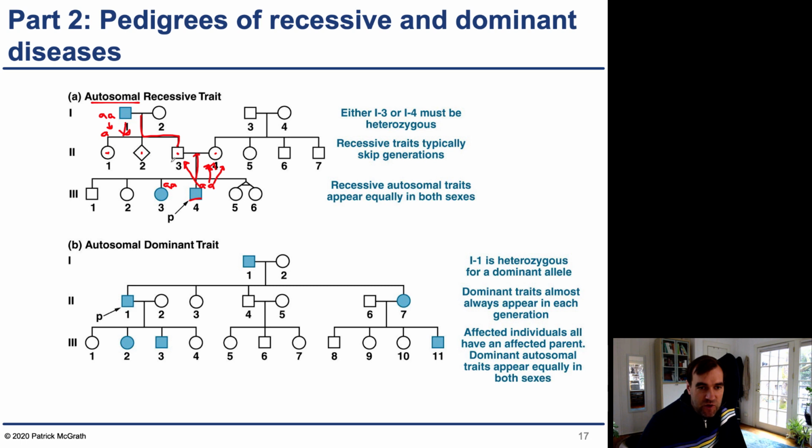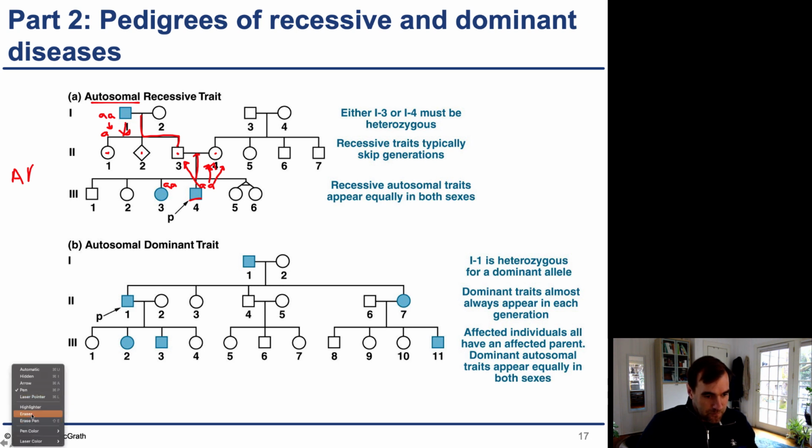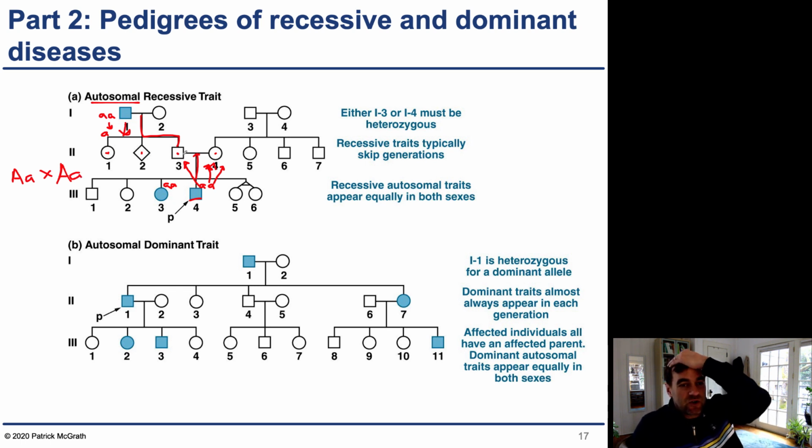So now we can also ask the question, what is the genotype of this individual? So essentially, if we had these 2 individuals right here and we asked, what is the probability that their offspring would have the disease?